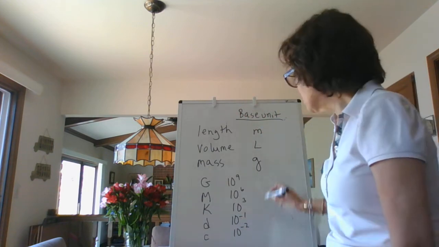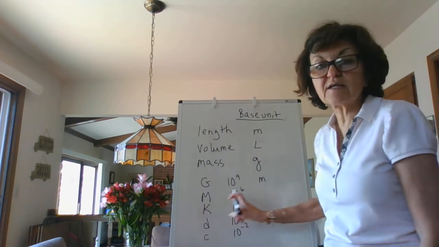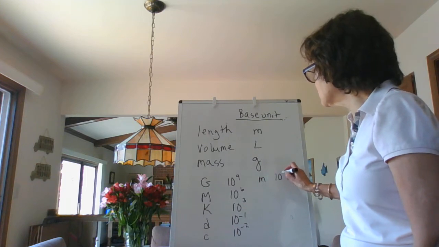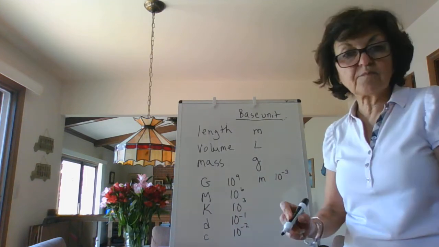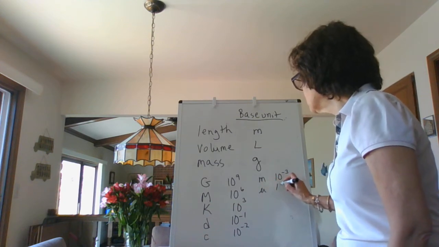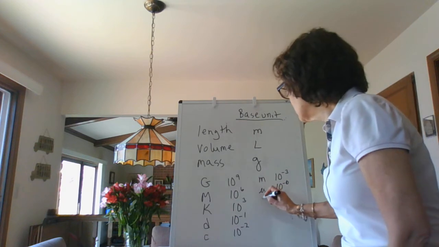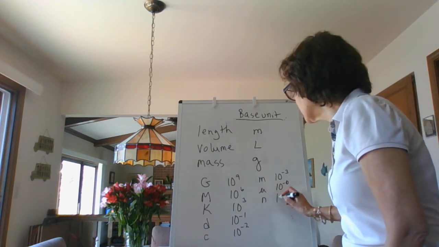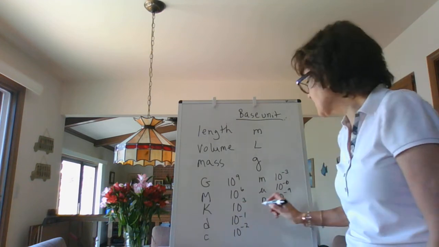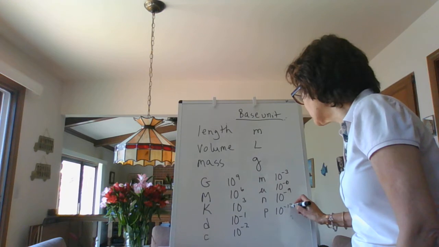Okay? Lowercase m, big difference between uppercase M and lowercase m. Lowercase m is a milli, and that's 10 to the minus 3. This mu, Greek letter mu, is 10 to the minus 6. Lowercase n is nano, 10 to the minus 9. Lowercase p is pico, 10 to the minus 12.